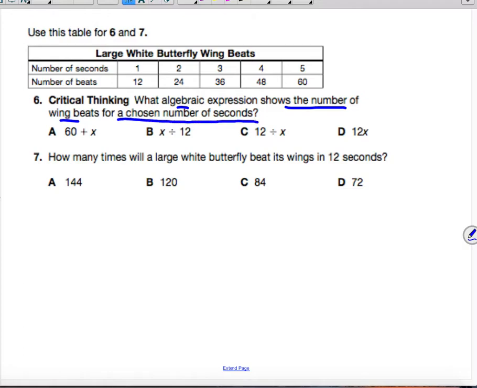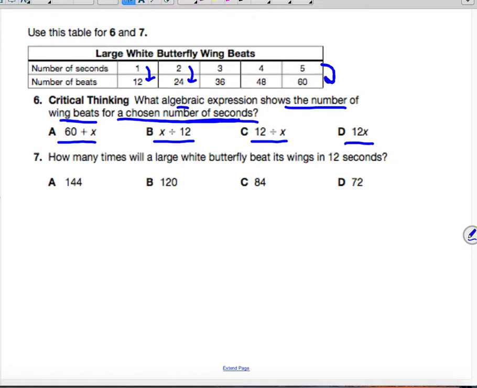Okay, well, in this case, they're looking at going from here to there. And how would you do it mathematically? How would you go from the input number to the output number? Would it be 60 plus x? Would it be x divided by 12? Would it be 12 divided by x? Or would it be 12 times x? And in this case, remember, you're talking about which number shows the number of wing beats for a chosen number of seconds.